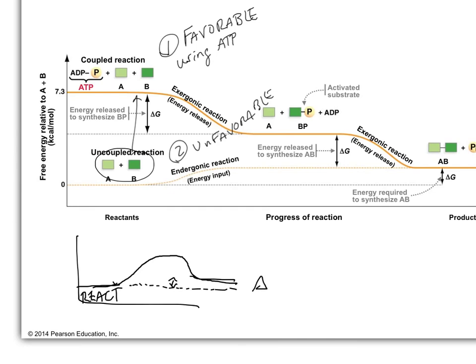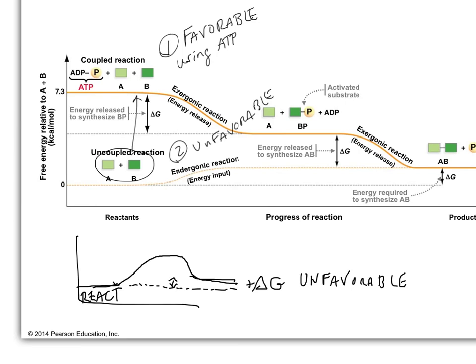So that is a positive delta G. That is unfavorable. But the other reaction, it's not very unfavorable, it's just slightly unfavorable.